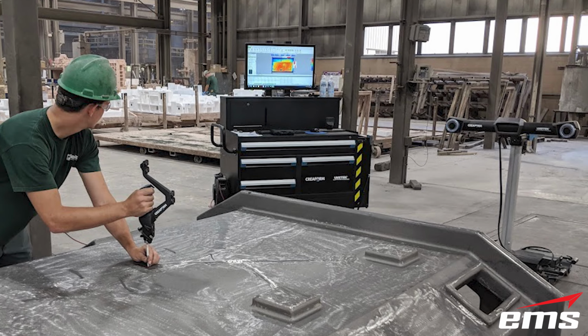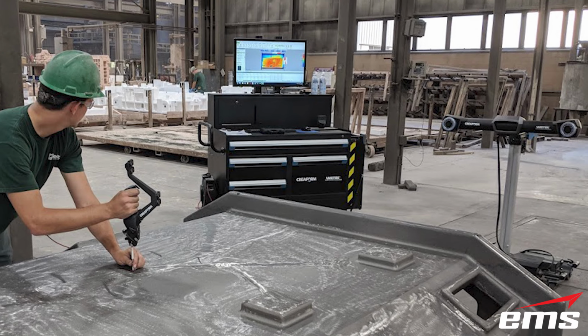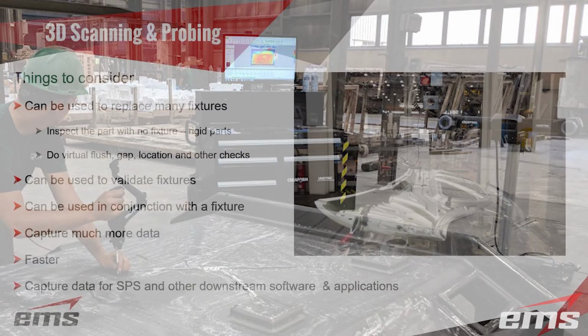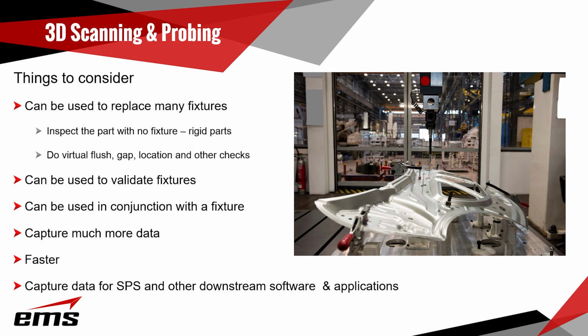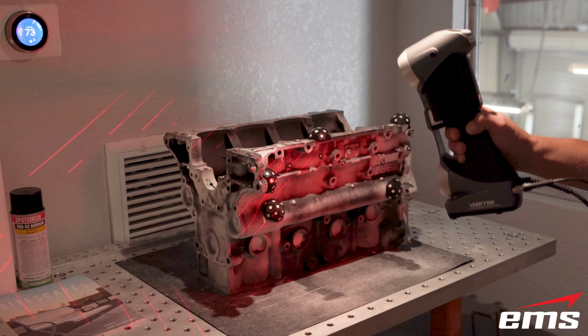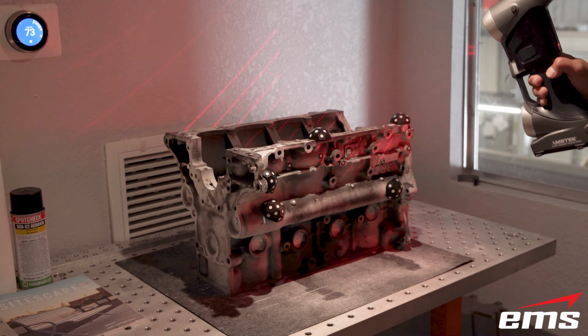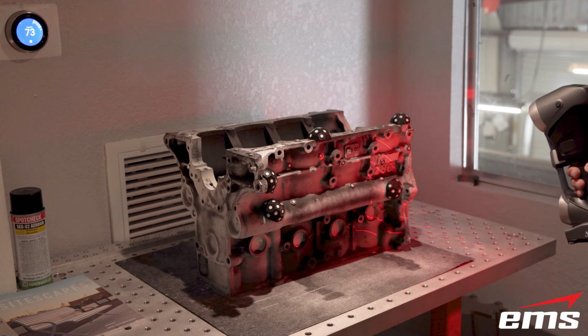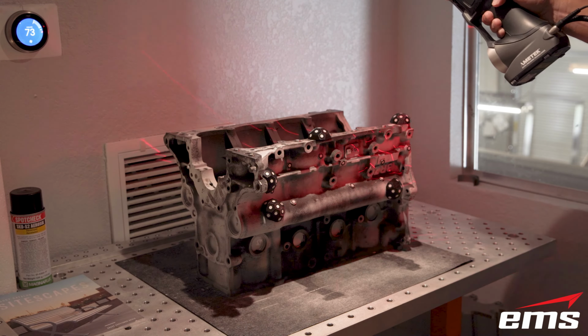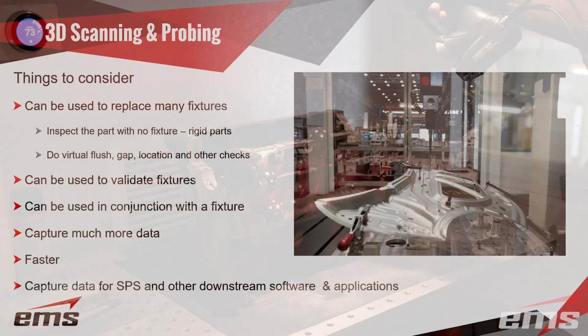Typically, those are going to be rigid parts. Part of the reason you need a fixture is to hold a part in a certain shape, and if that part is very thin or can move around, a fixture is probably needed. But many parts are rigid, and traditionally they might be fixtured up in a certain way, but with a lot of this newer technology out there, we don't need fixtures for a lot of parts as long as they're rigid.